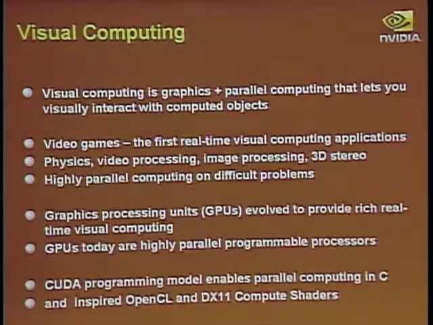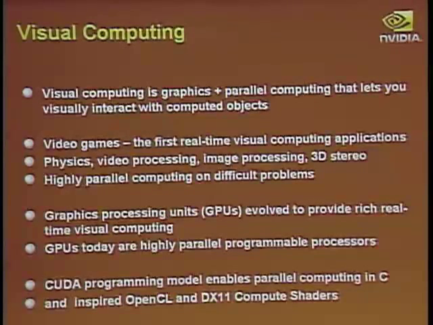The reason that's important when you think about GPU computing is that GPUs did not evolve initially to do computing. They evolved to draw pictures, and to do it in real time at a good interactive rate so that you could play games. Let's face it, the main market that pulls the GPU architecture along is video games.